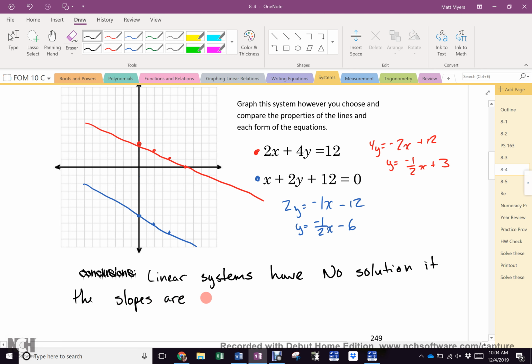If the slopes are the same. The lines are parallel, right? If the slopes are the same. And this reminds us from our unit 2 units ago, they're parallel. Right? Everybody understand? Okay dokey.